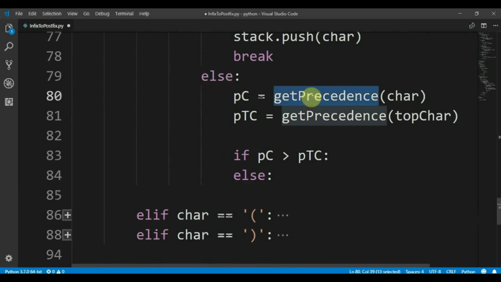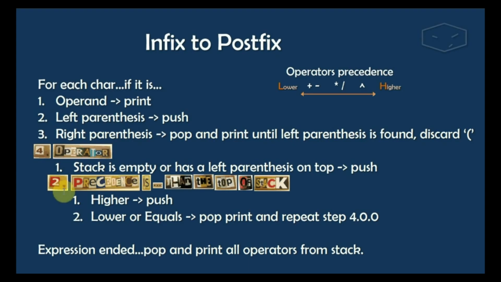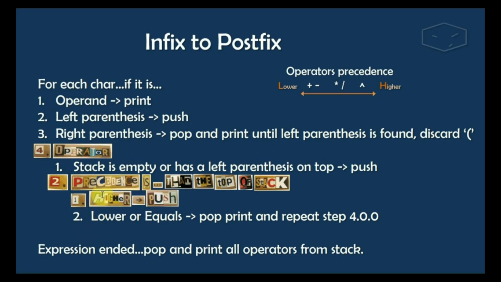So going back to our code, we already have this here. We get the integer value of the precedence of the char and the precedence number of top char, and then we can compare them here. Now that we can compare, if it is higher, we push on the stack. So let's do that.